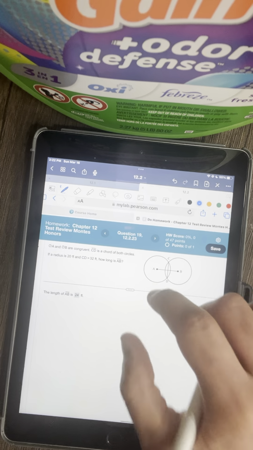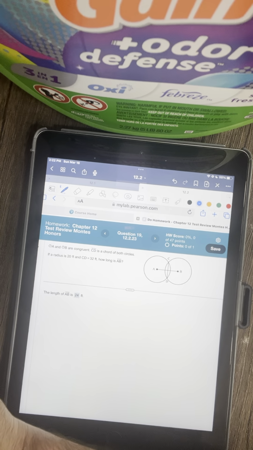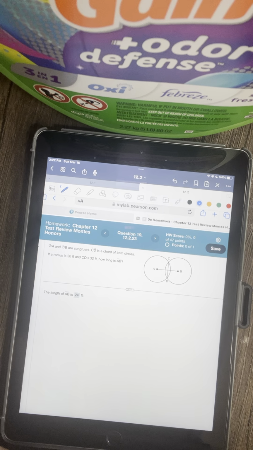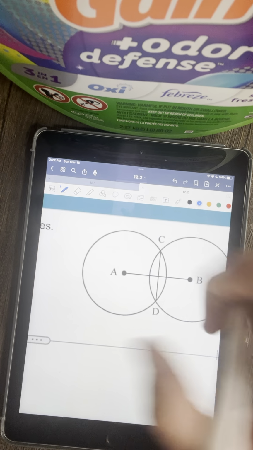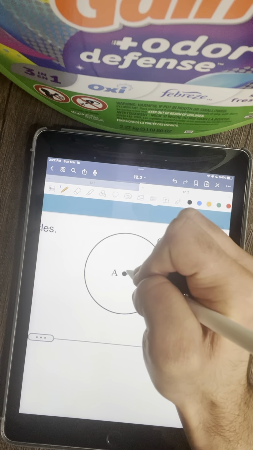All right, so A and B are congruent. CD is a chord of both circles. Okay, that's fine. If a radius is 20 feet, okay, so let's write a radius. So a radius would be here, right?